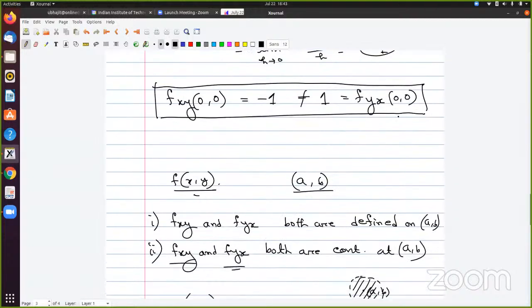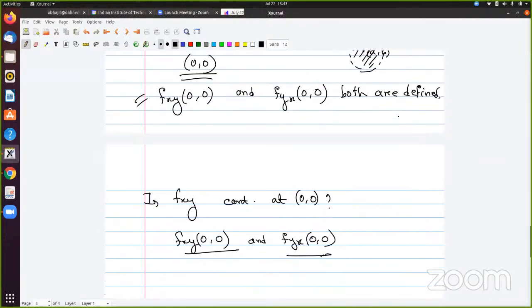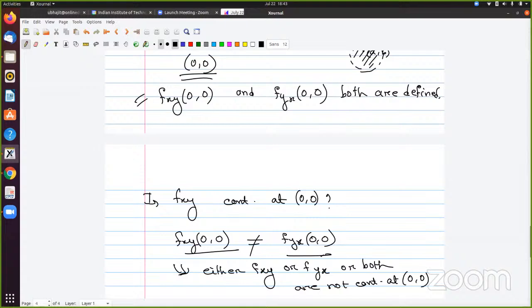Correct. Just to conclude this discussion, then I will again take a question. In this problem, we have seen that these two are not equal, right? So it concludes that either fxy or fyx or both are not continuous at 0, 0, but we don't know which one.